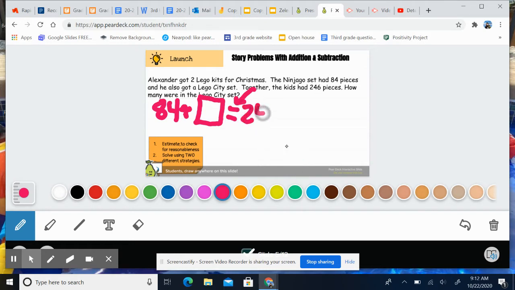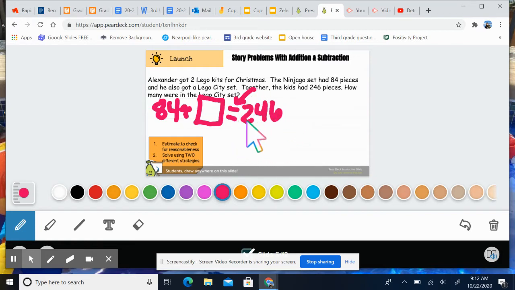So I have a total, I have one partner, but I have a missing partner problem. How many were in the Lego City set? Right here is the unknown partner. We don't know. If we add these two numbers together, we're going to get a larger number than 246, and the problem says that that is the total. That's the largest number we should get.